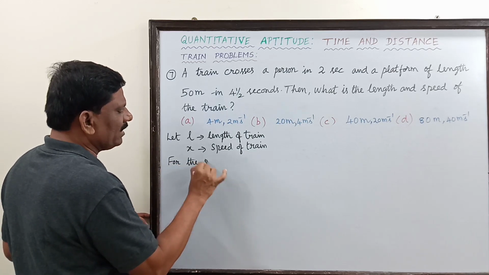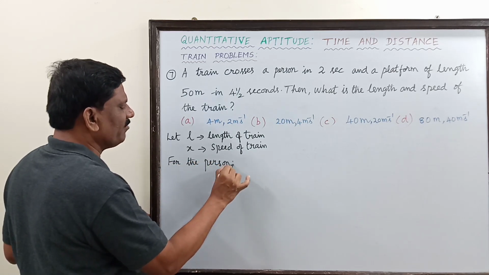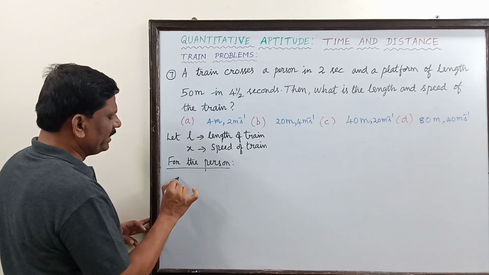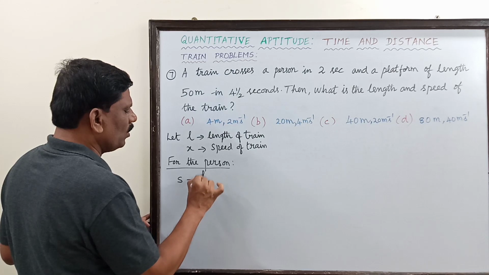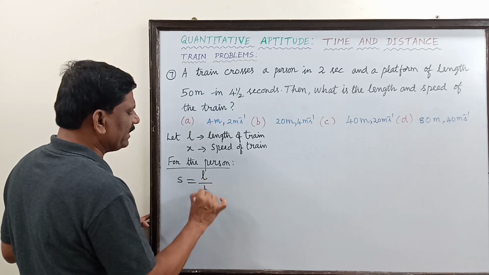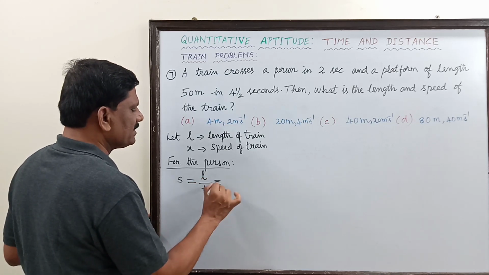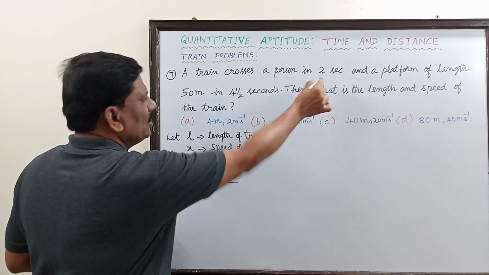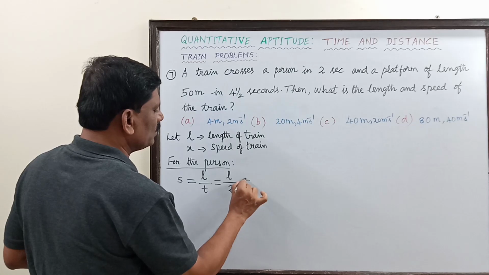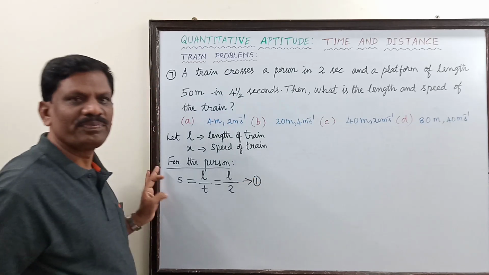So when the train crosses a stationary person, the speed of the train S is equal to its own length divided by time. So this is L divided by 2 seconds. So L by 2, this is equation number 1.